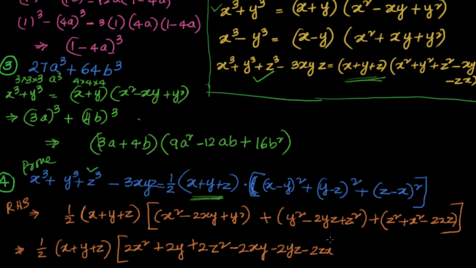And you will see that you can take 2 common, so this becomes 2 into x square plus y square plus z square minus xy minus yz minus zx. 2 cancels out. So this is nothing but equal to the right hand side of the equation. So this is verified.